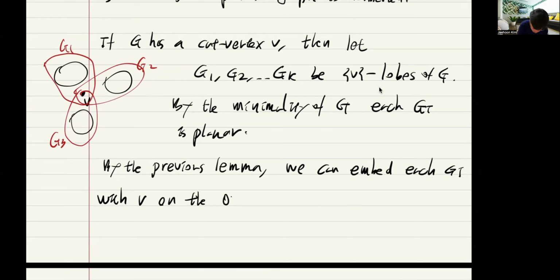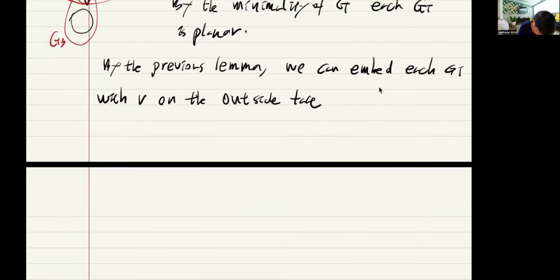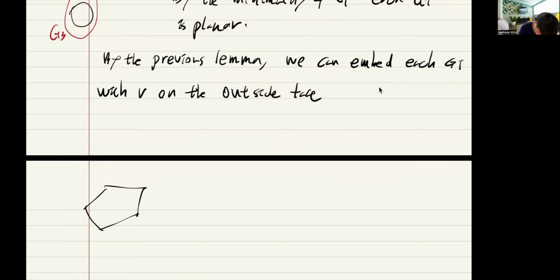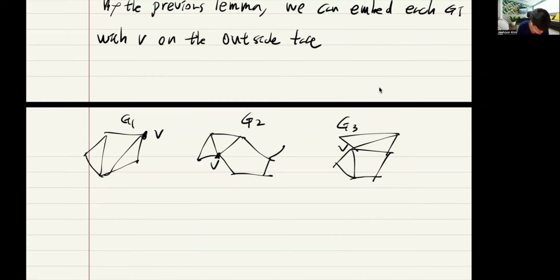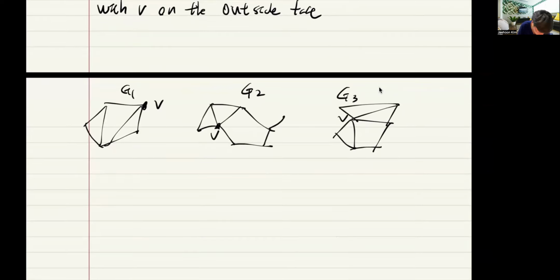Then it's G1, you can draw it somehow, where B is here, and then G2, B is here, G3, B is here, and each of them we can embed on the plane.